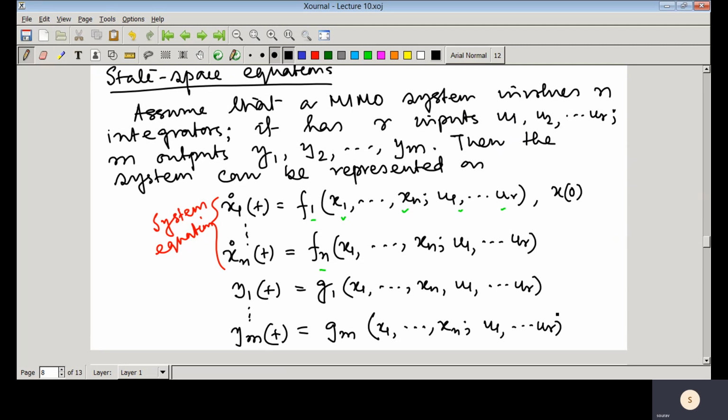So this is the general representation of dynamical systems in state space form, and this set of equations is known as output equations.